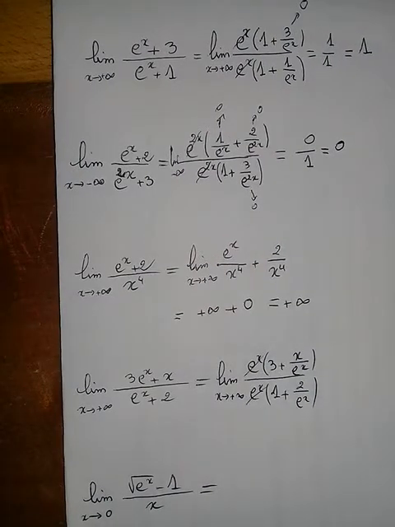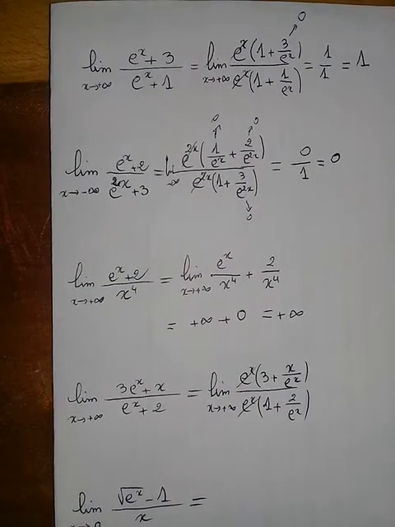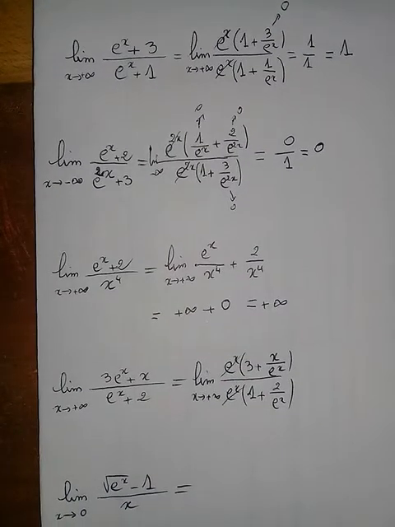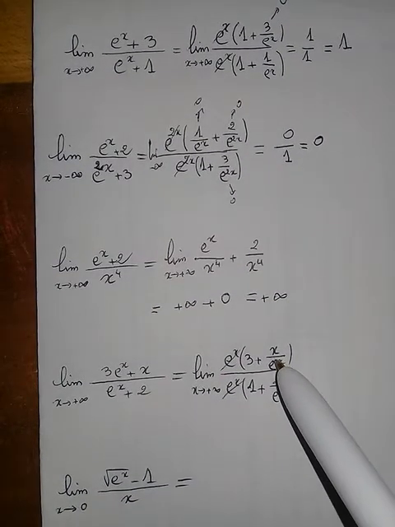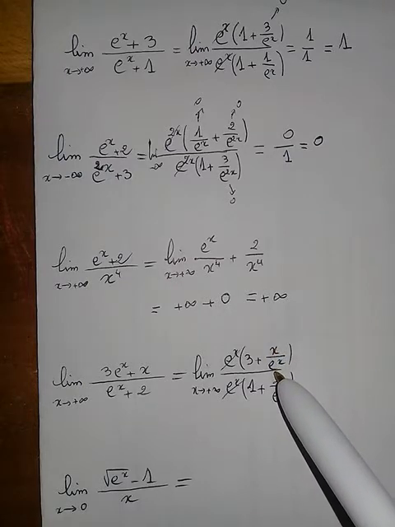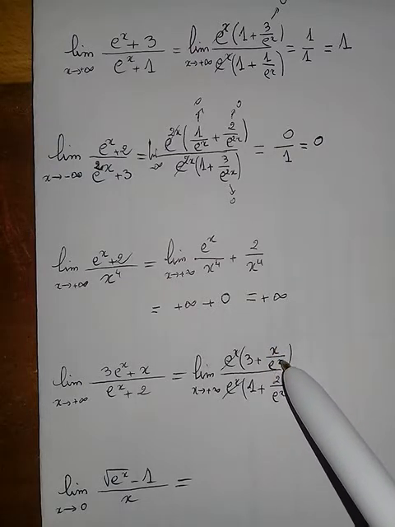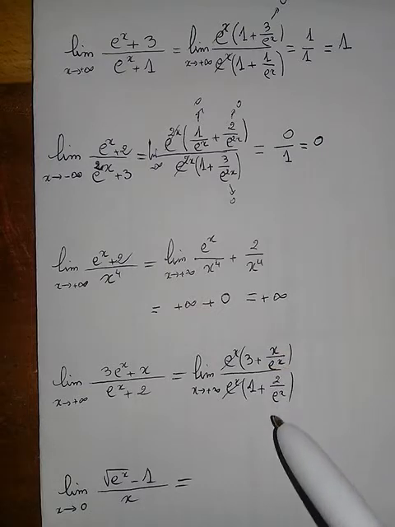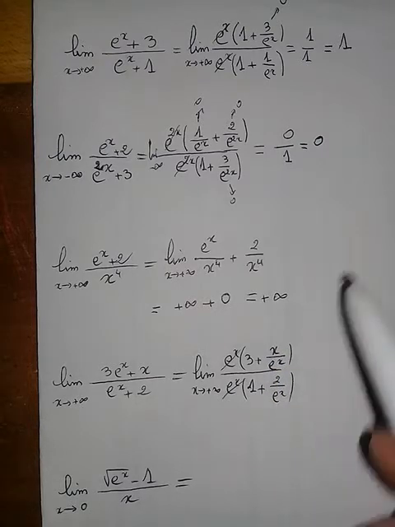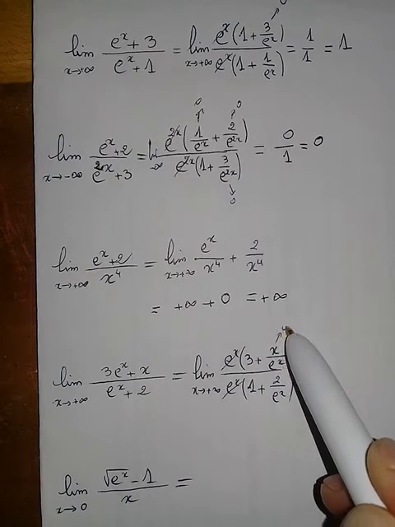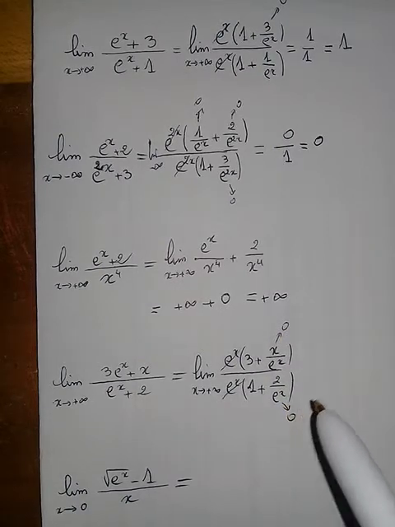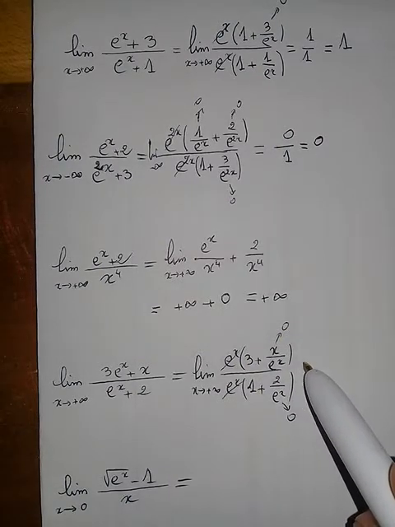This will be simplified, and this is a 0. x over e to the x is 0 because this is stronger than this, and here is 0. So we're left with 3 over 1.